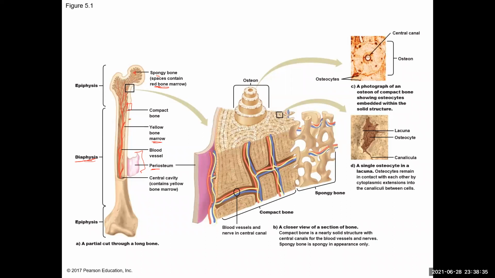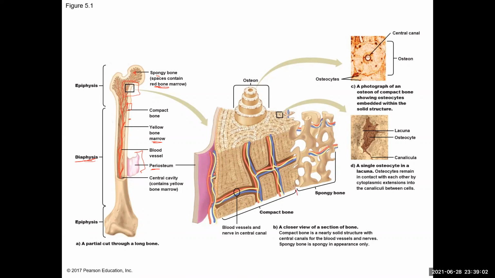And so if we took a cross section, say of this area where this black box is, and we zoomed into it, it allows us to see the cellular arrangement a little more closely. And so you notice that there are these circular arrangements inside the compact bone itself.